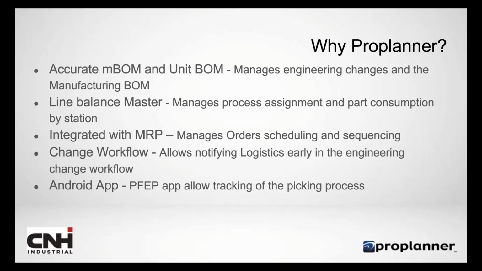So once we balanced the line and integrated it with our MRP orders, it was really easy for us to understand the sequencing events that needed to happen. The kits could be sequenced directly through Proplanner Scheduler, taking the M-BOM straight from our MRP system, and we knew exactly what went to each unit based on what we had on our PFEP. So really it was connecting all the dots that we didn't have before.